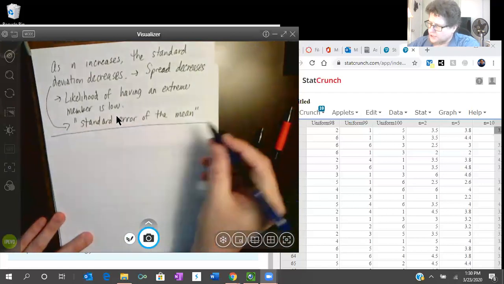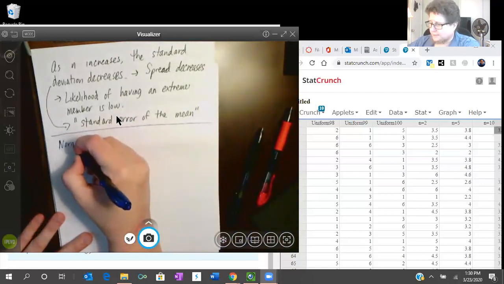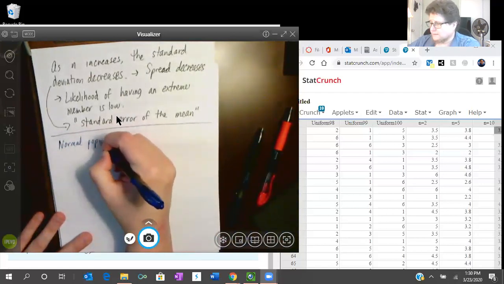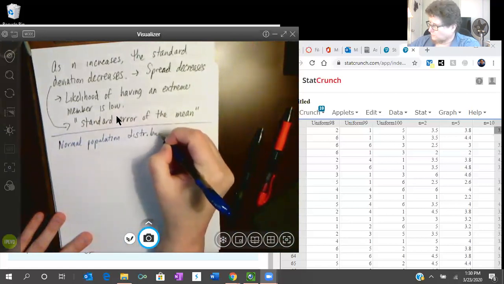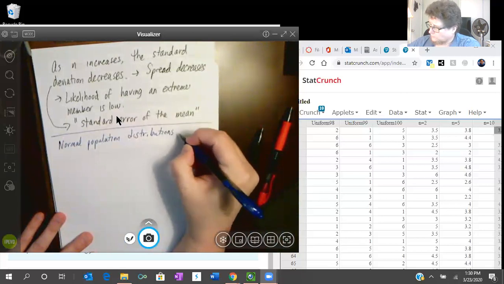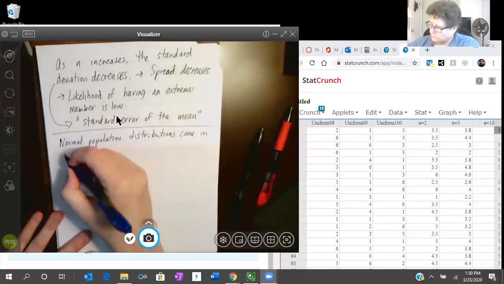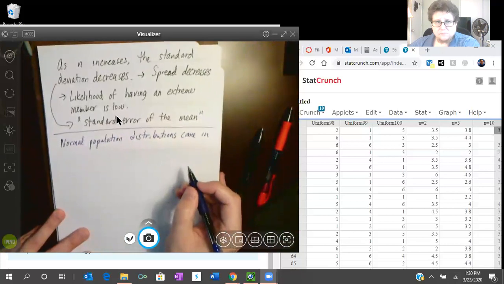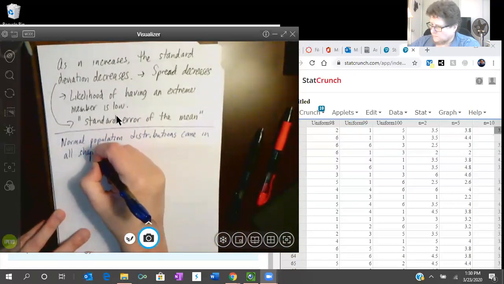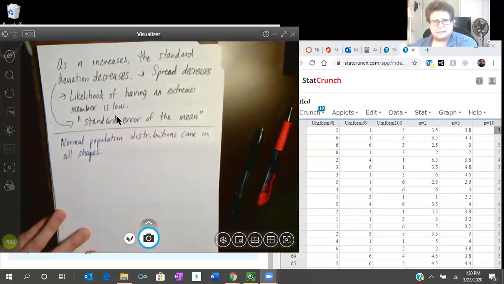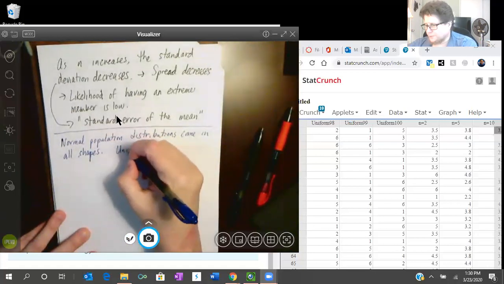Okay, so as I was mentioning earlier, population distributions come in all shapes. We have like uniform distribution.